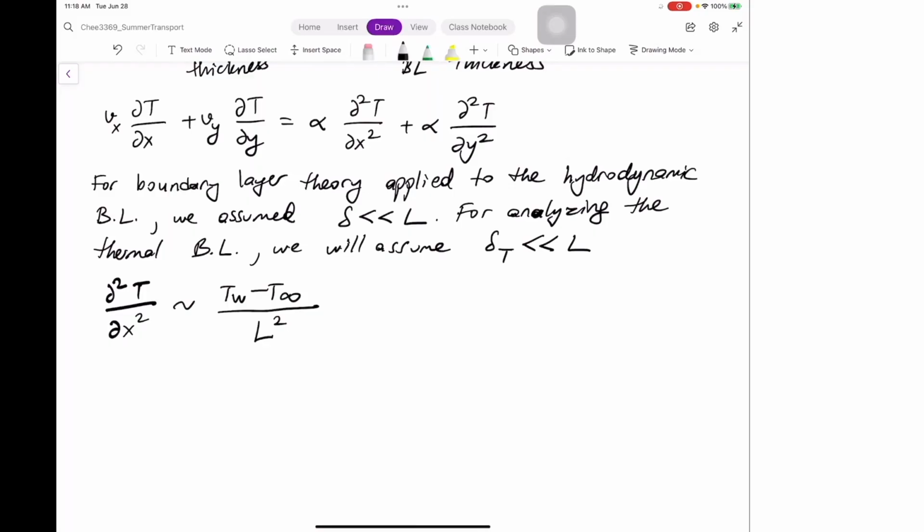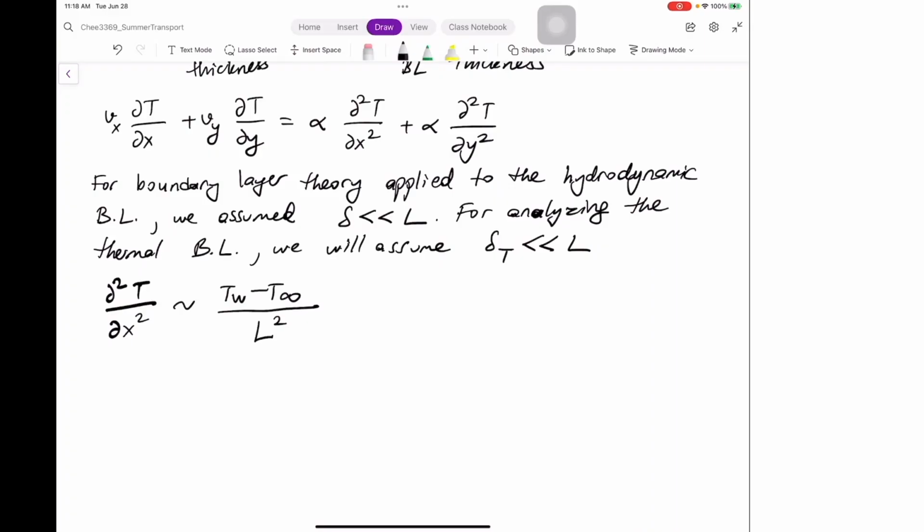This is like an order of magnitude estimation, right? It's just a rough, very crude estimation. So the del squared T over del x squared scales with T_w minus T infinity divided by L squared.